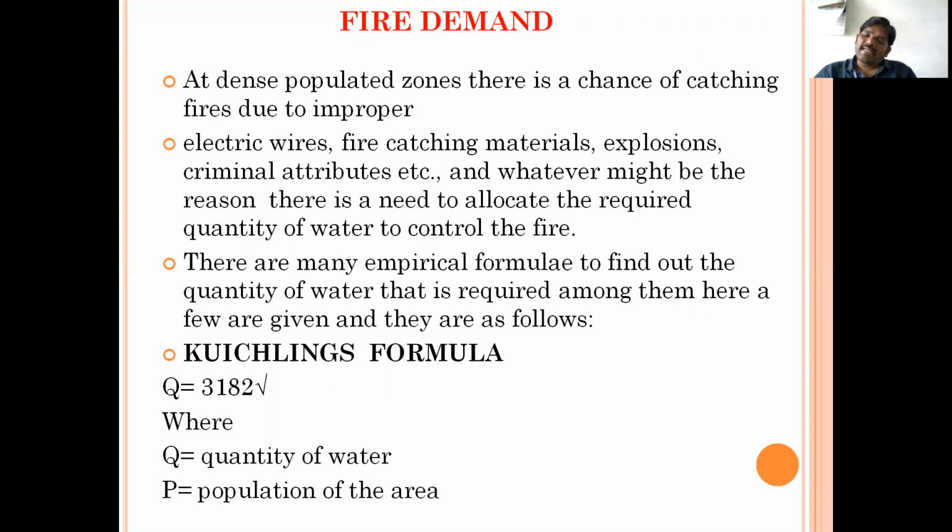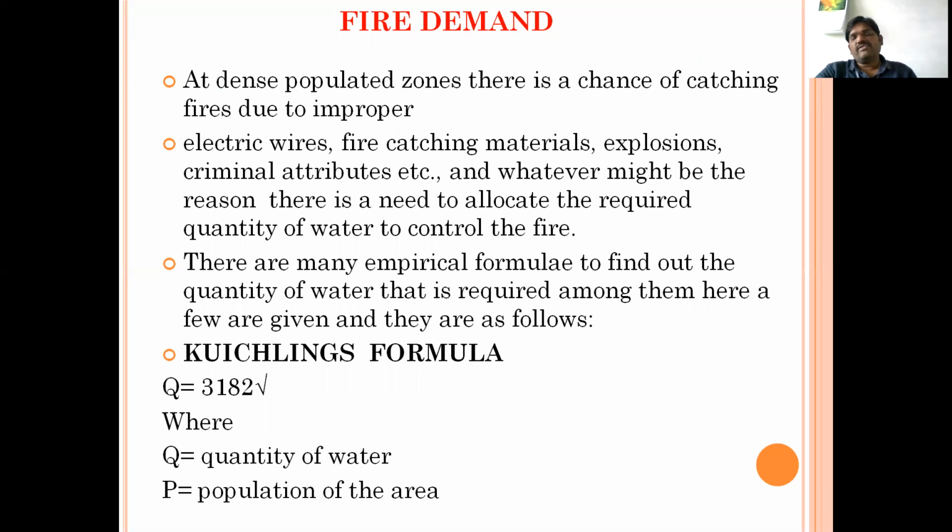How can you calculate the water that is required for fire control? There are different formulas to adopt at the time of distributing these water requirements. Among those, there are only empirical formulas.